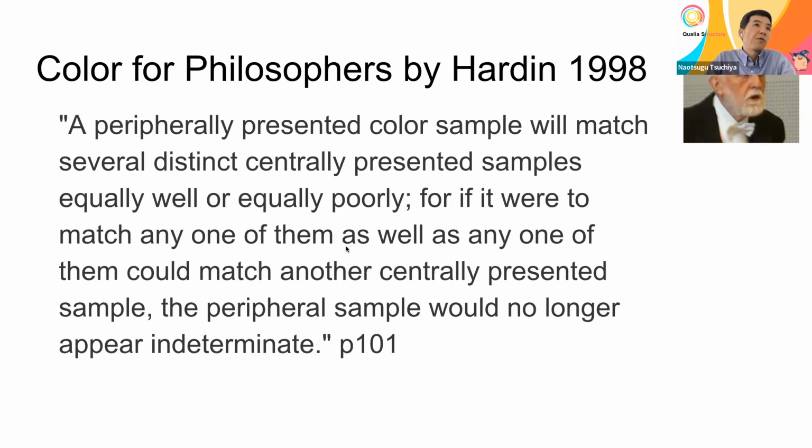Because if it were to match any one of them as well as any other could match another centrally presented sample, the peripheral sample would no longer appear indeterminate. So this means that something presented at the fovea and the periphery cannot be matched in color. That's what he says, because the peripheral color is so fuzzy and ambiguous.